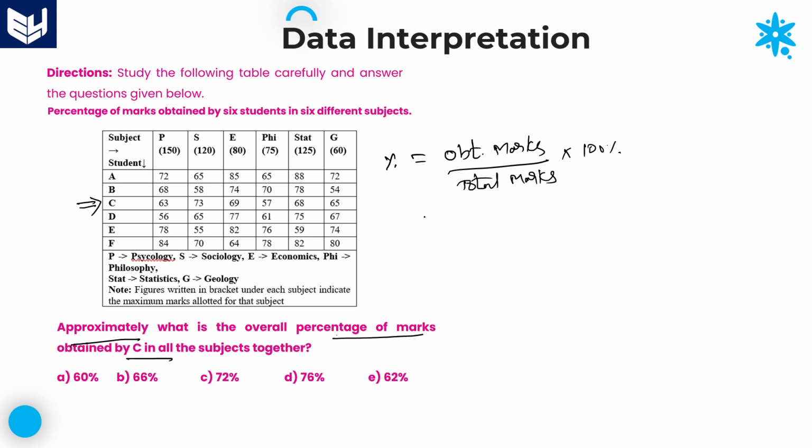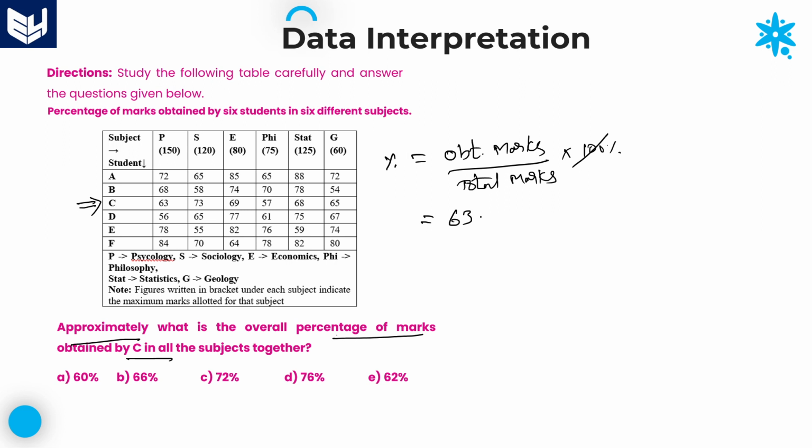First, you need to calculate the obtained marks of C. Here, C's values are 63, first subject, 63 percentage. In each and every case, percent by 100 is common, right? By 100 and into 100 both will cancel.